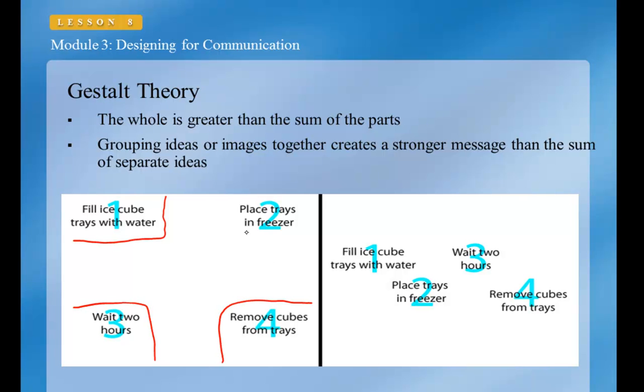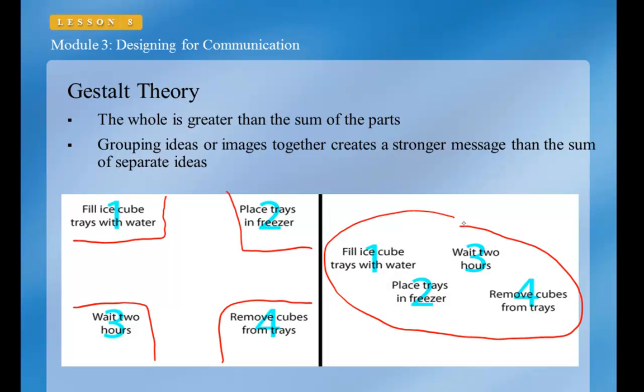Okay, and it gives them the illusion that they are separated. But when you bring them together, it's more of a cohesive group. So you have them together, that the sum of the parts is stronger than each individual part. So depending on what you're trying to convey, you want to keep your similar topic ideas together, and you want to have a little bit of white space between the stuff that's not as similar.